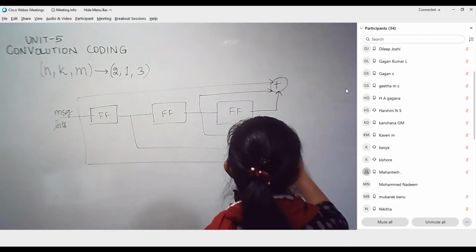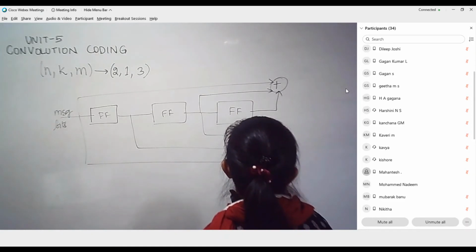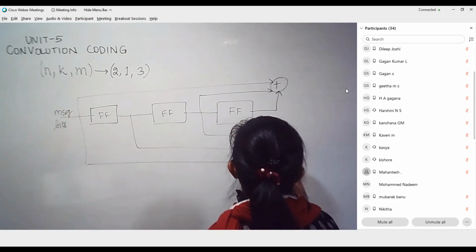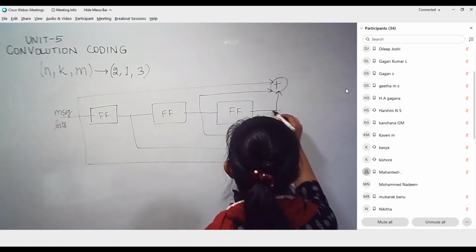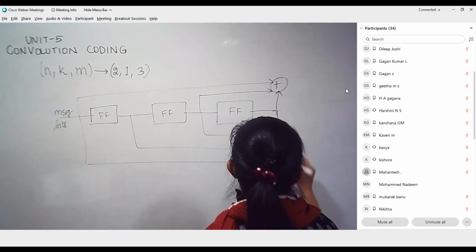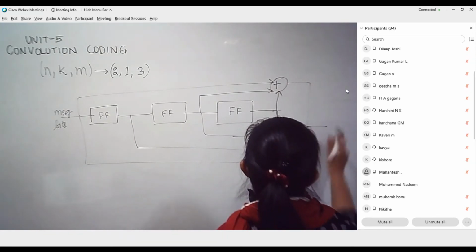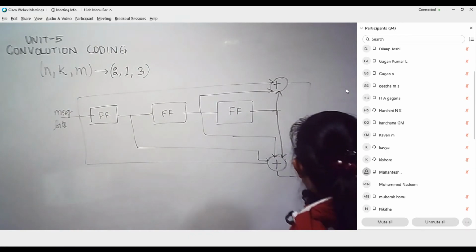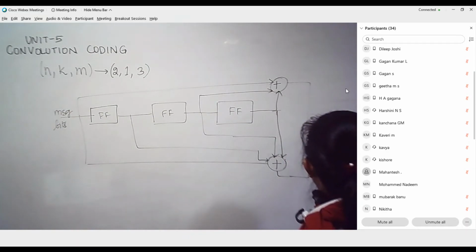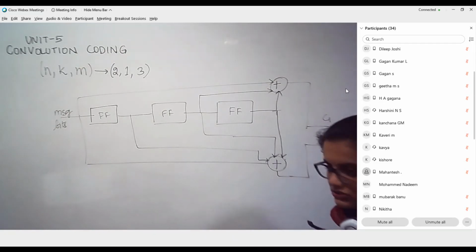This is C1, this is C2. So there are two outputs.